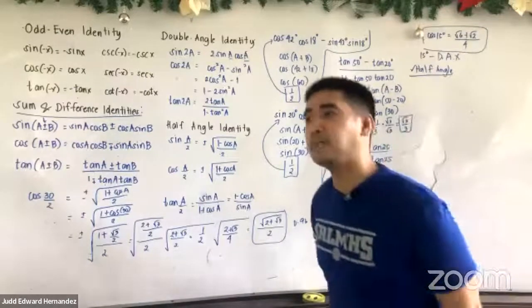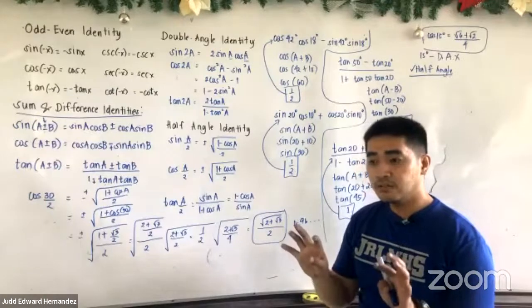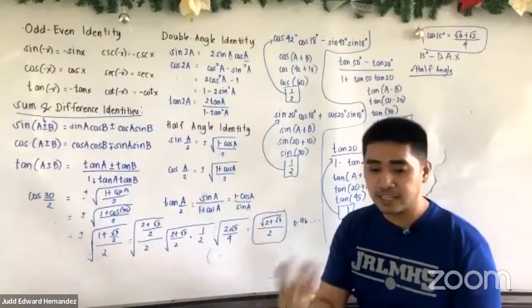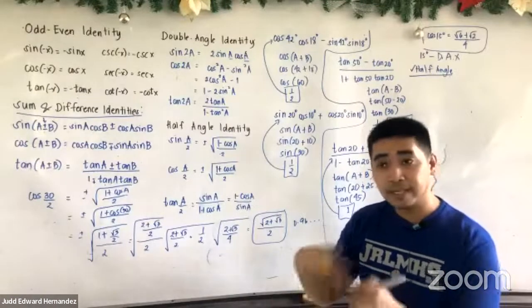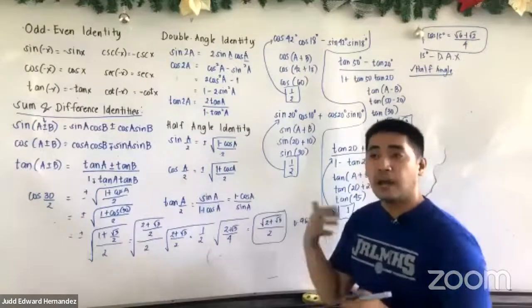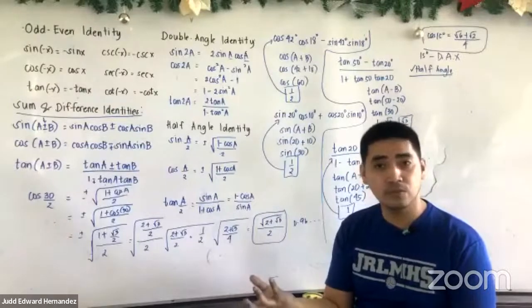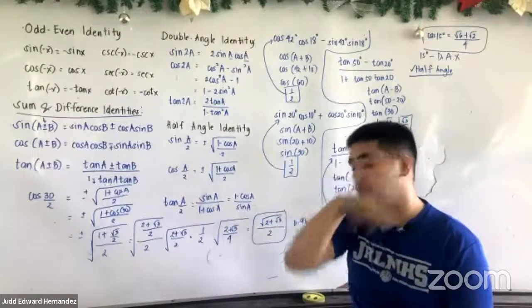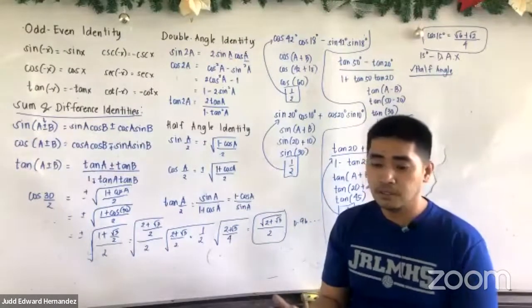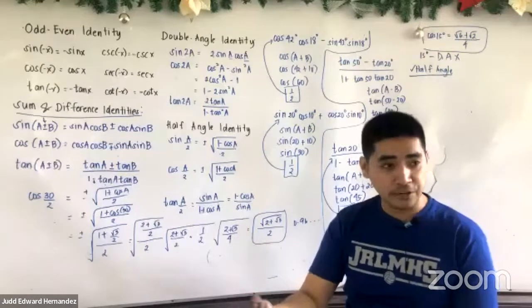So that's how it is. There are times when the visual value is not equal, since one identity went through a different process, but after all, its exact value will be the same. Is that clear? If you want to check, you might as well use your calculator and have it in decimal figure, so you can see if they are really the same.